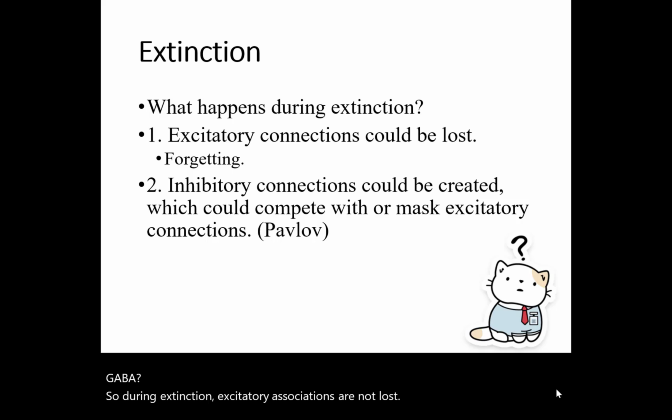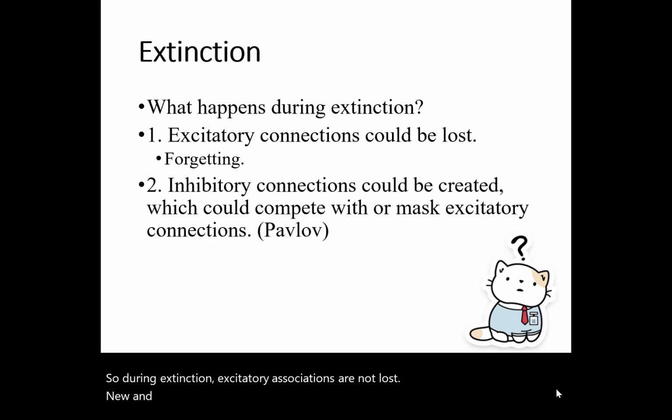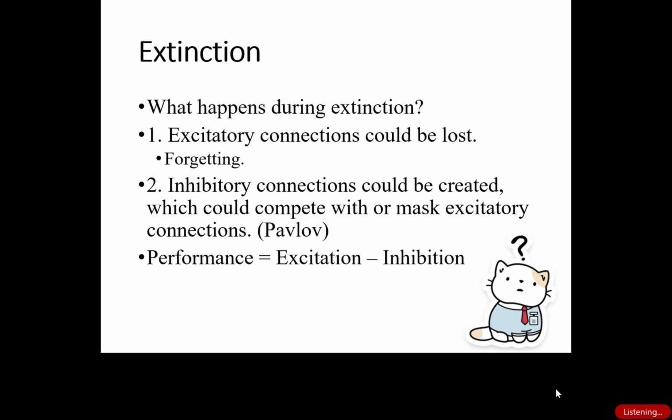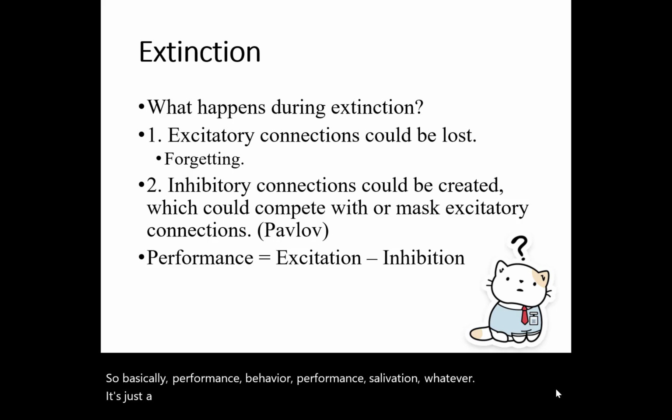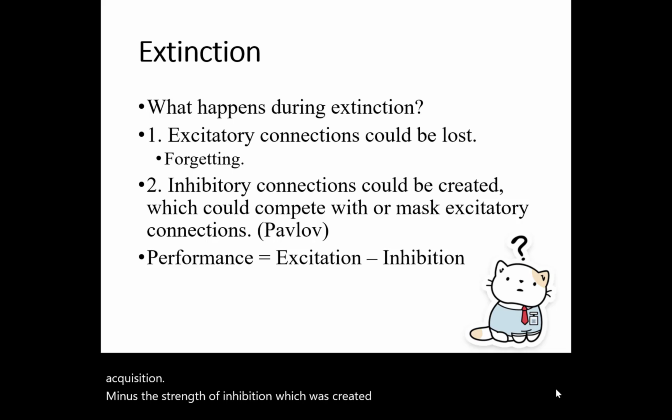New and competing inhibitory associations are created, which compete. So basically, performance, behavior, salivation, whatever, it's just a mathematical formula. It's just how much excitation was created during acquisition minus the strength of inhibition, which was created during extinction.